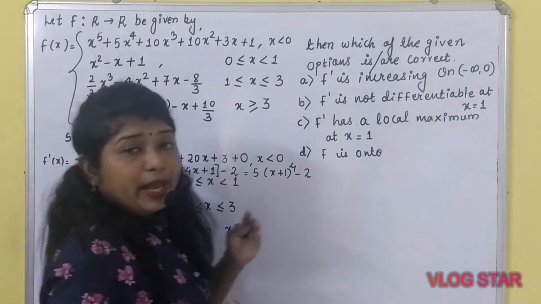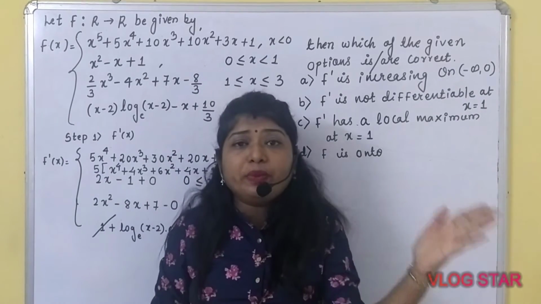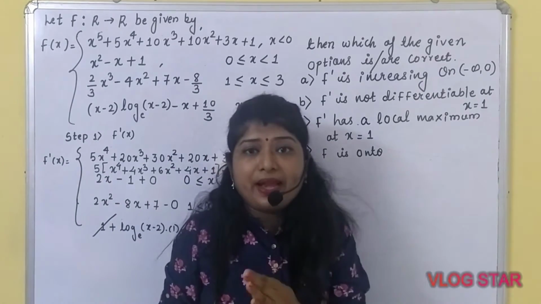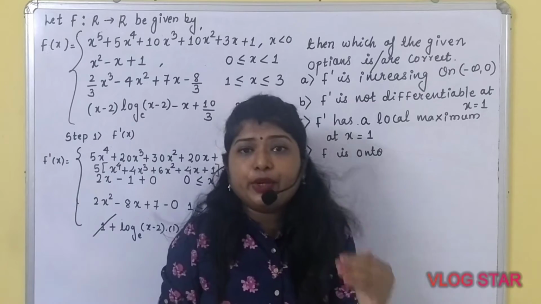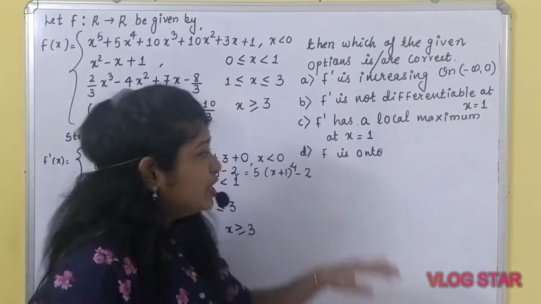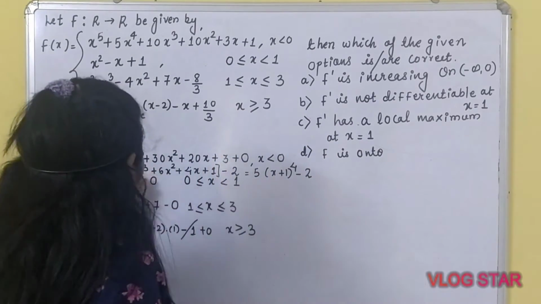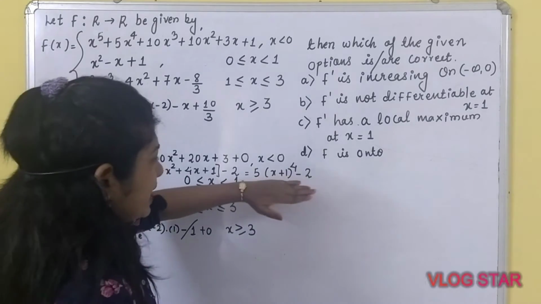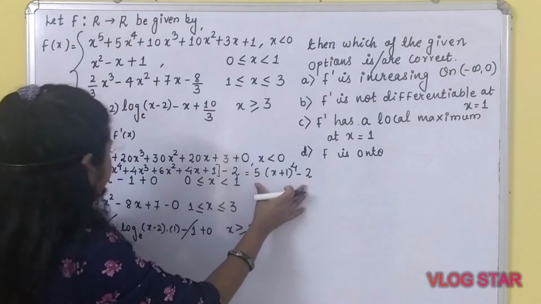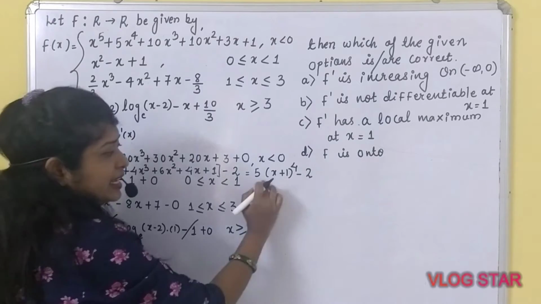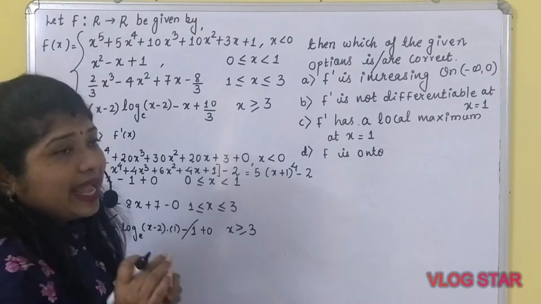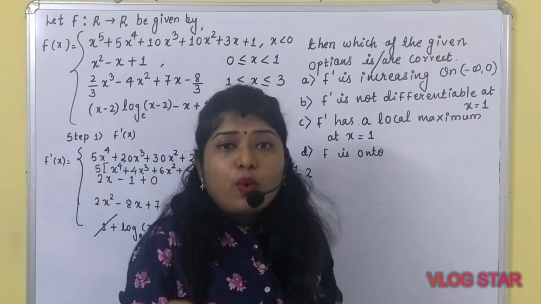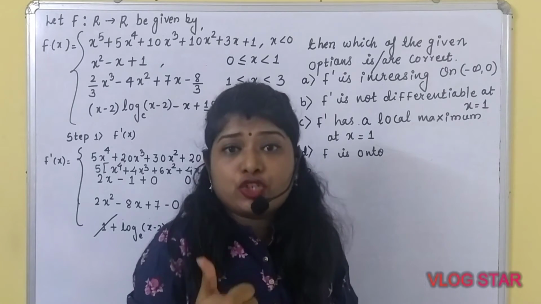If you want, we can make videos on that binomial expansion, how to apply the formula related to it. So here you need to remember, after applying binomial expansion, we'll be getting f dash of x is equal to this function. As I said, step number 1, we need to calculate f dash of x.